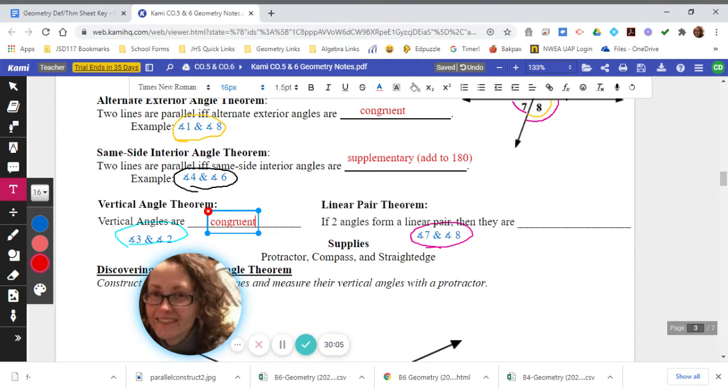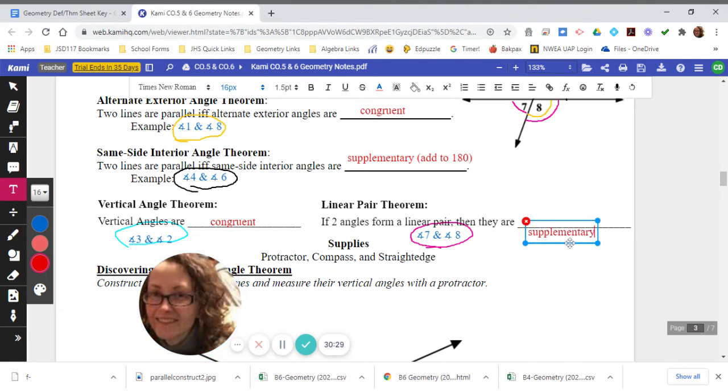It doesn't matter what I do to the vertical angles, they are going to be congruent, period. There's no conditions. It's just always going to be that way. The same thing for my linear pairs. So just like the pairs 7 and 8 up here, these are always going to be supplementary.